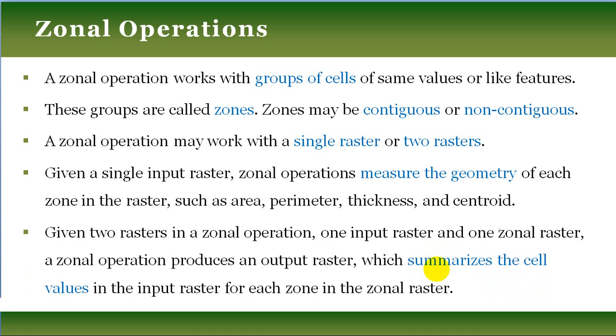But when you use two rasters in a zonal operation, one raster we consider as an input raster where we will perform computation, and another raster we consider as a zonal raster. A zonal operation produces an output raster, just like focal and local operations, which summarizes the cell values in the input raster for each zone in the zonal raster.